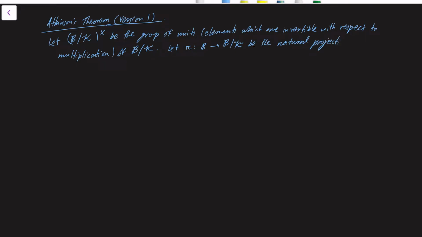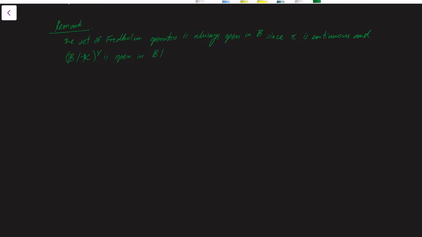Then the space of Fredholm operators F is equal to pi inverse of the group of units in B over K. A quick remark here is that the set of Fredholm operators is open in B because pi is continuous and B over K cross, the group of units, is open in B over K. The reason for this is because the group of units in any Banach algebra is always open.